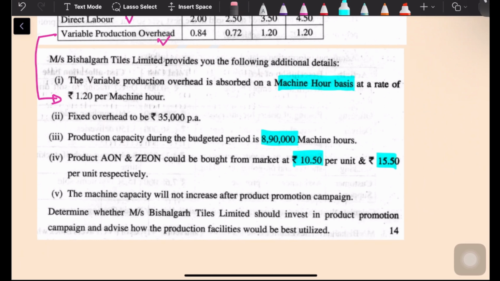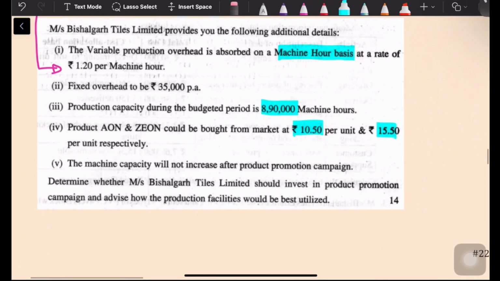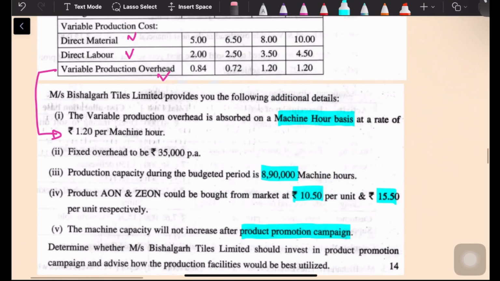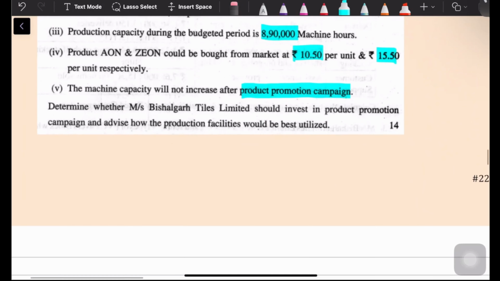The machine capacity will not increase after the promotion campaign. So capacity remains the same. This is not an additional factory overhead or additional fixed cost, but just a promotional campaign. So the fixed cost is of an advertisement, promotion nature.